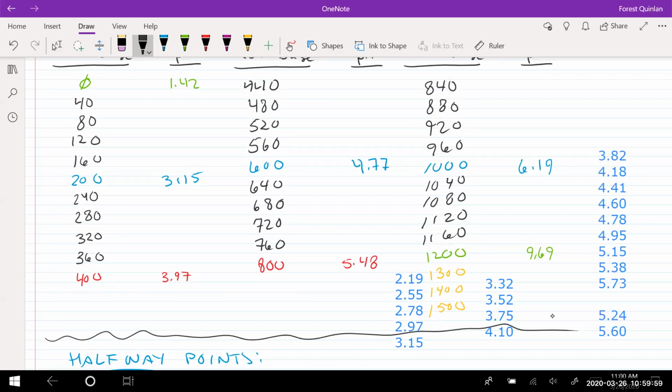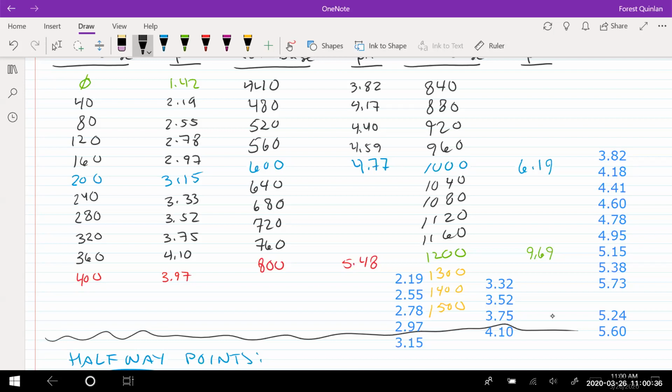Okay. 40. 2.19, 2.55, 2.78, and 2.97. 3.15, 3.33, 3.52, 3.75, 4.10, and then 3.82, 4.17, 4.40, 4.59, and then 4.95.